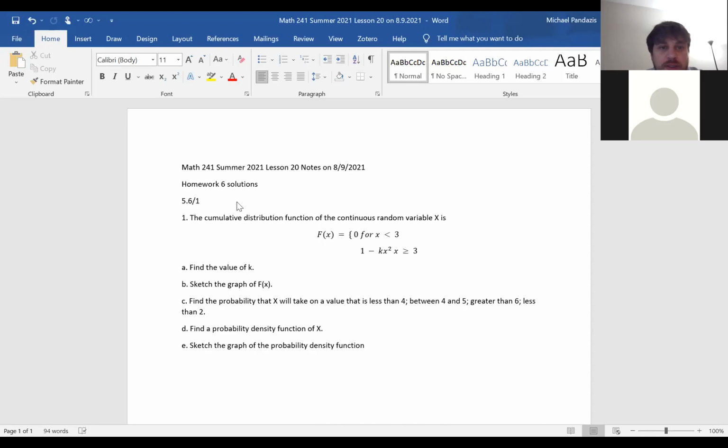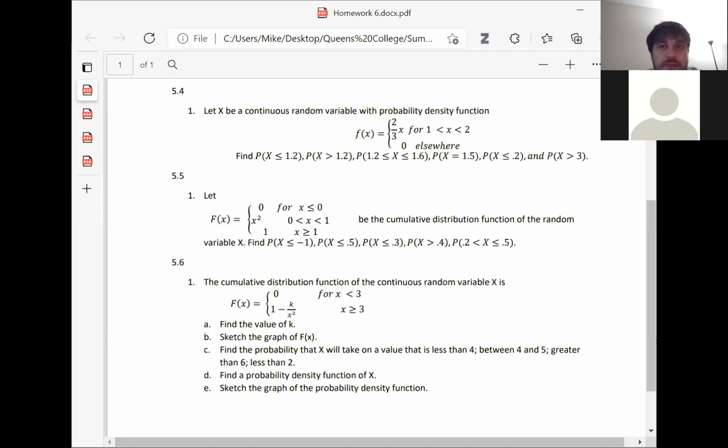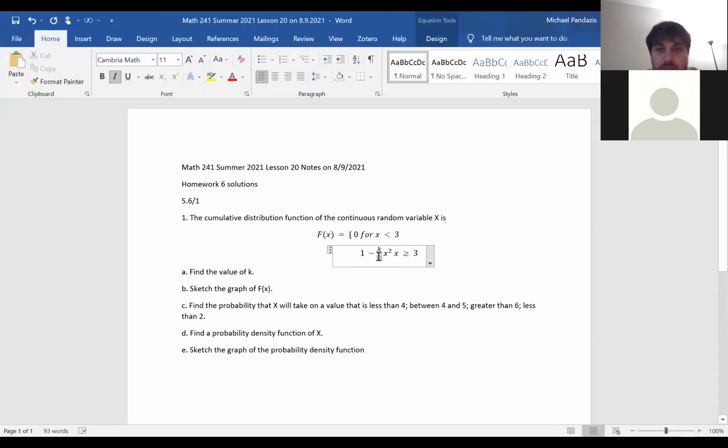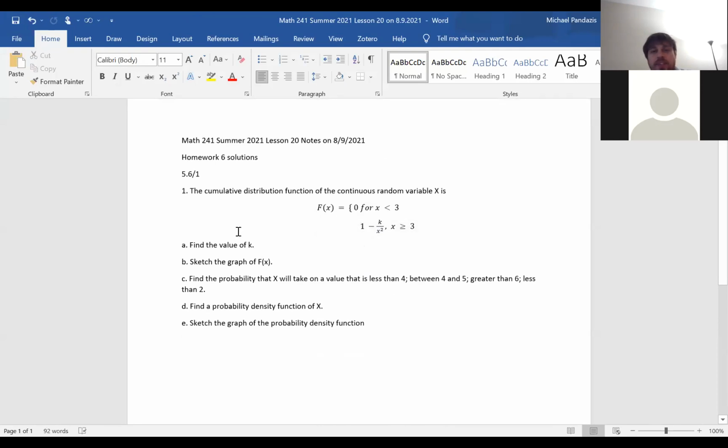Let me just check something. 1 minus k over x squared. Okay, so that's the piecewise function. So find the value of k. So this is the cumulative distribution function.